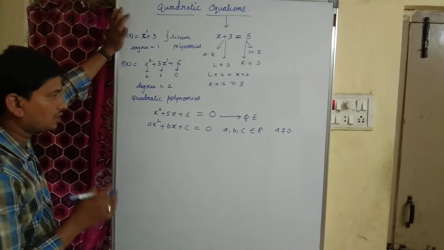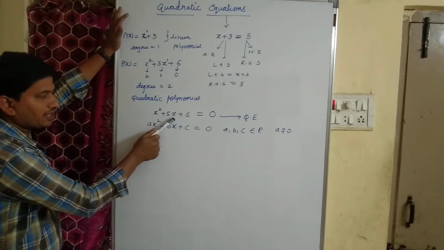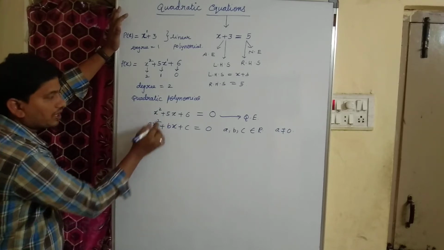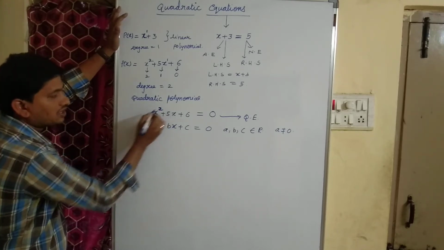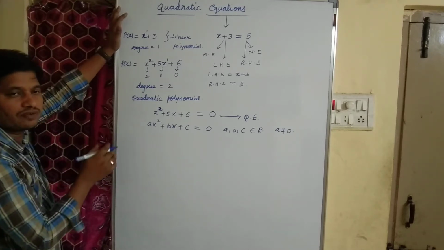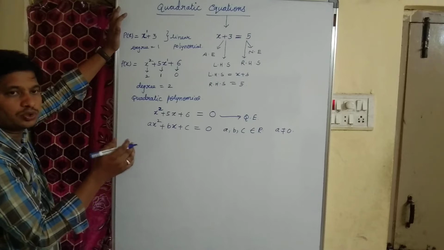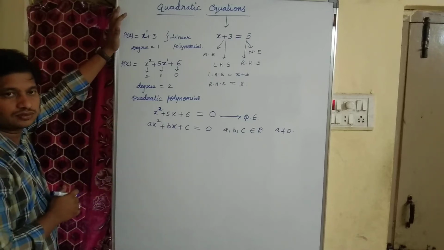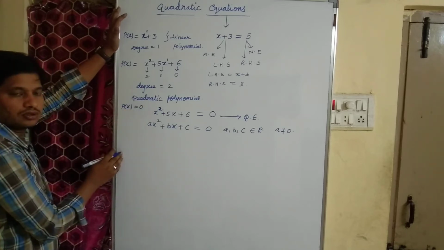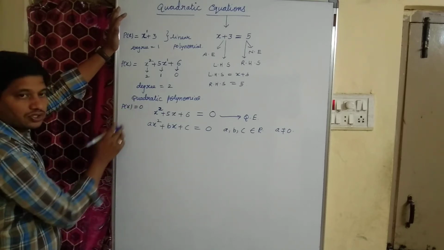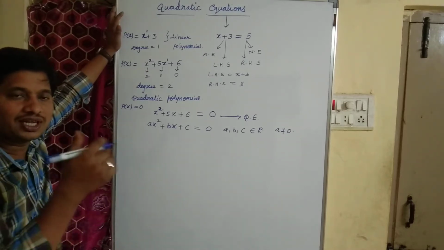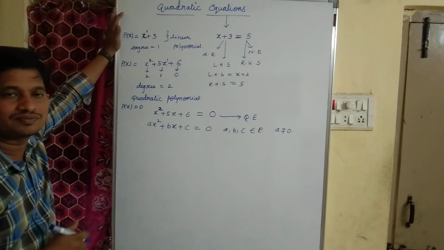Children, if you observe the given equation x square plus 5x plus 6, why are we calling it a quadratic equation? Because here the highest power is 2. Consider a polynomial p of x equal to 0 whose degree equal to 2, that is said to be a quadratic equation.